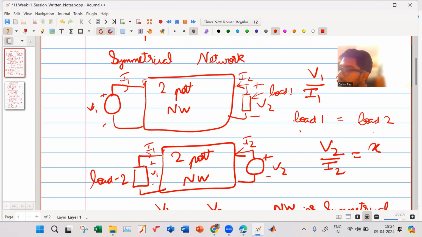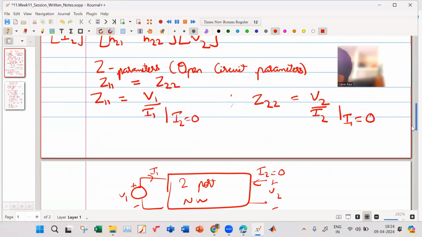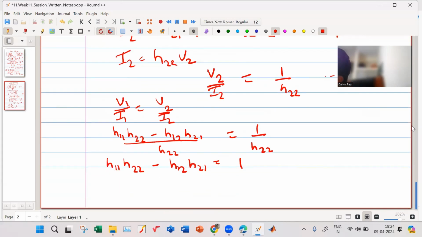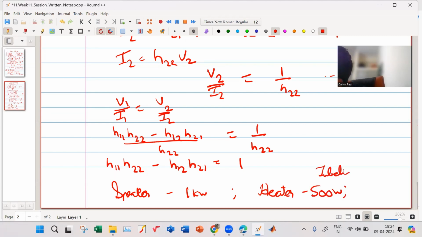If your power rating is more. Suppose I have a speaker with a power rating of 1 kilowatt, a heater with a power rating of 500 watt, and a tube light with a power rating of, let us say, 80 watt. In which case is your load more? The speaker is consuming a lot, right?